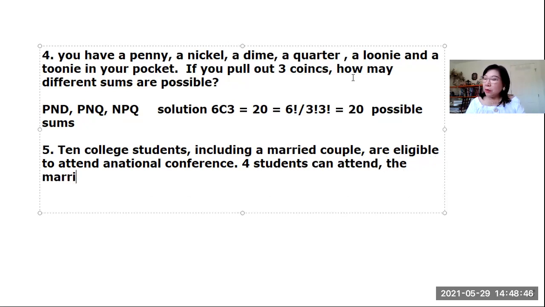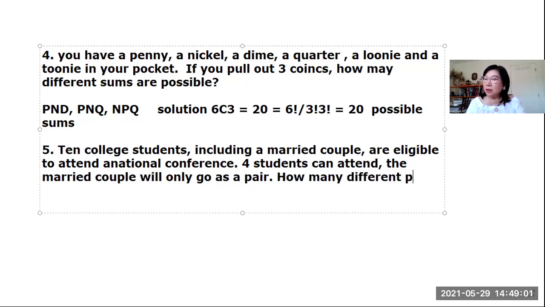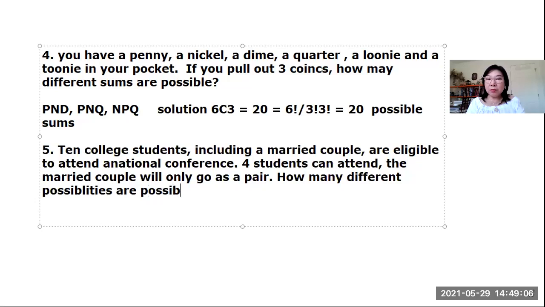The married couple will only go as a pair. You don't want to go separately. How many different possibilities are possible?